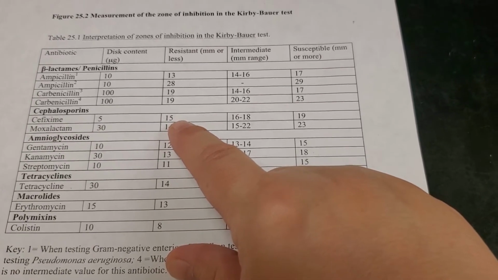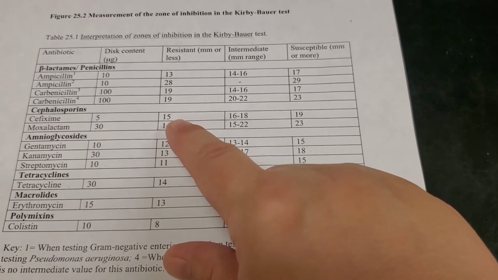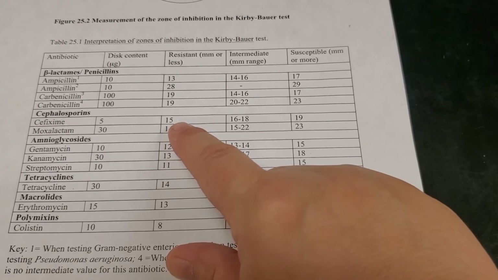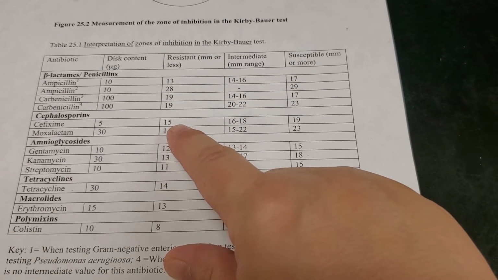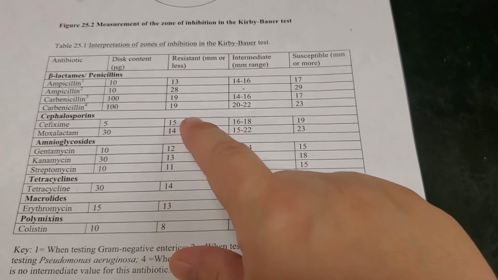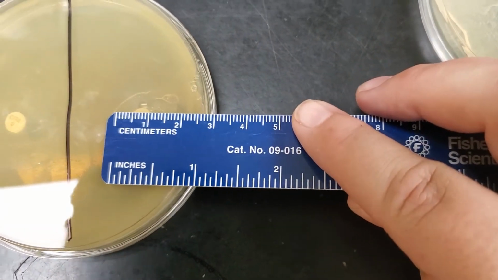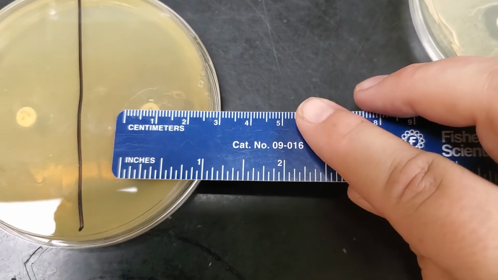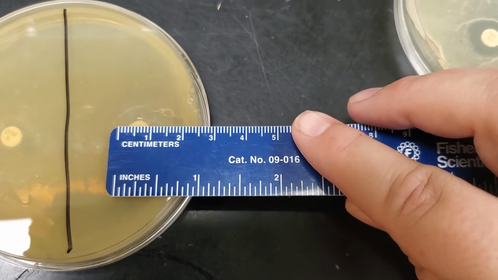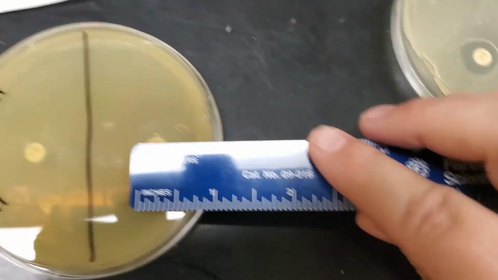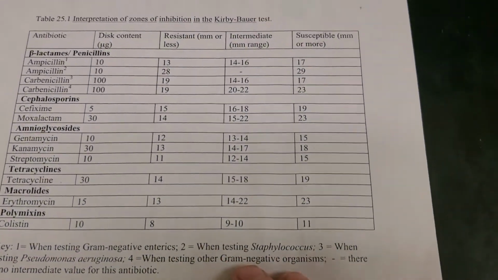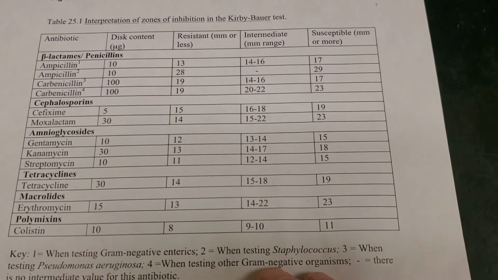So Pseudomonas fragi is resistant to cefexamine, as was our E. coli. And then when we measure for carbacillin, it's a little bit difficult to see, but I'm going to also call this 1.8 centimeters or 18 millimeters.